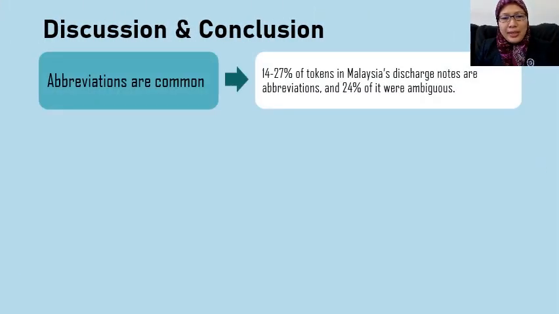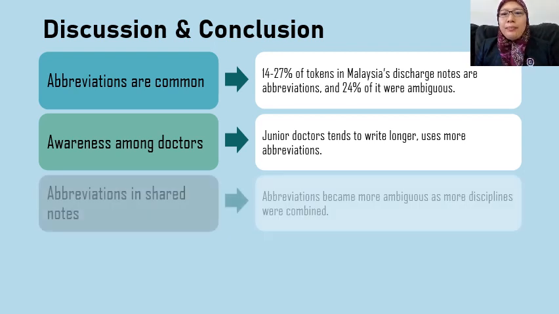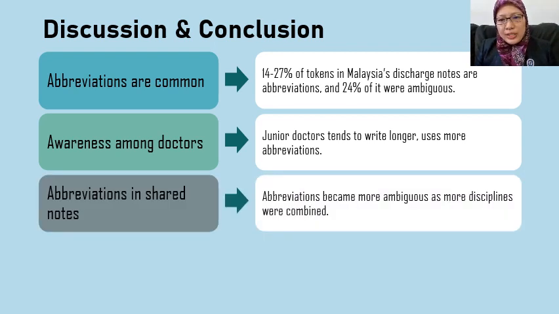So in this study, we can say that abbreviations are common. We found out the landscape of the abbreviations that are used in the Malaysian discharge notes. We know that junior doctors tend to write longer and use more abbreviations, and this indicates that we need to create awareness among doctors, especially when abbreviations are used between disciplines, in notes that are shared across disciplines, in referral letters, and so forth.